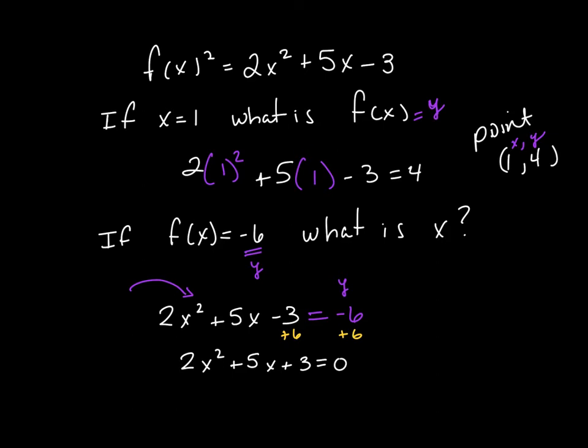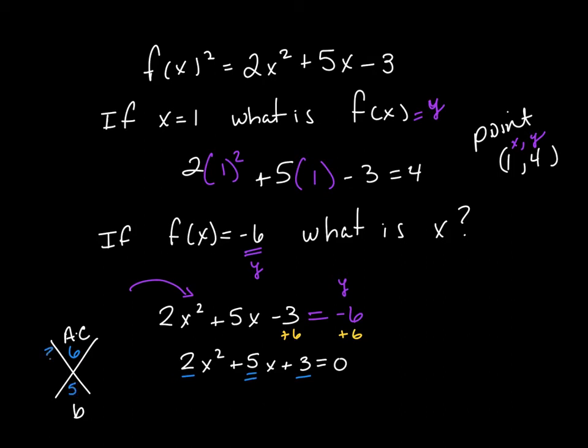I need to go ahead and factor this. So the way I have always taught factoring is you take a, multiply it times c, put it over b. A times c gives me my 6. B is 5.